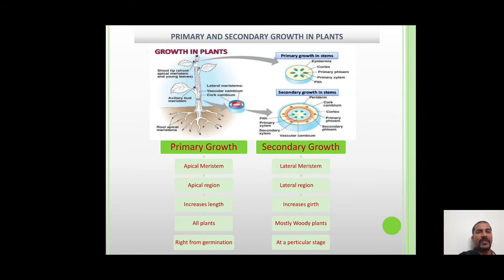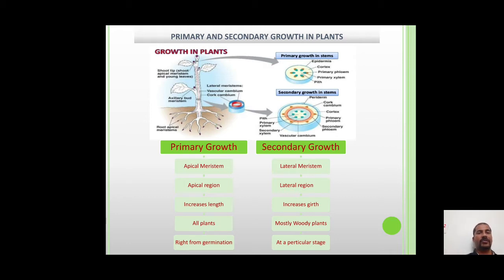Before going into details of this unit, first of all, we will see what is the difference between the primary and secondary growth. The primary growth mainly occurs due to the activity of apical meristems, while the secondary growth occurs due to the activity of lateral meristem.